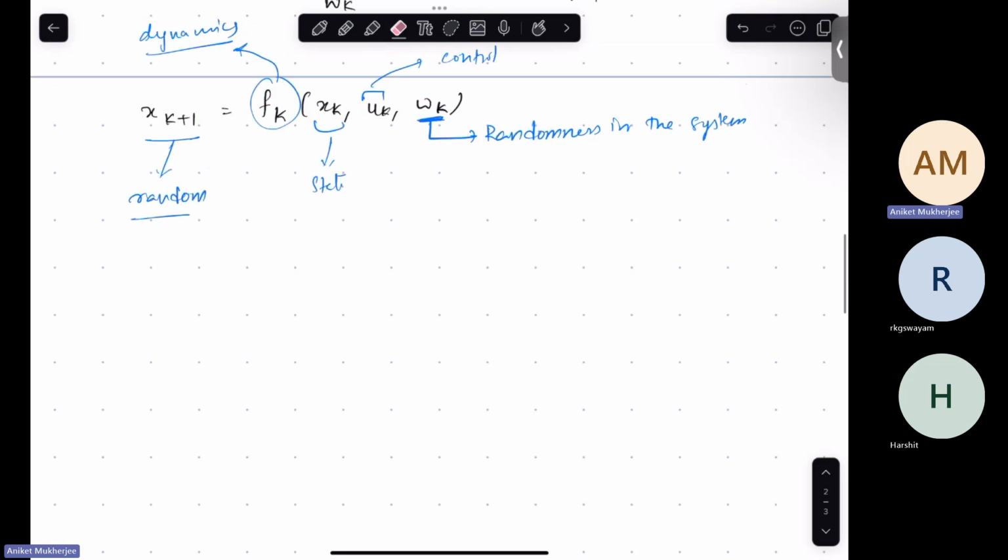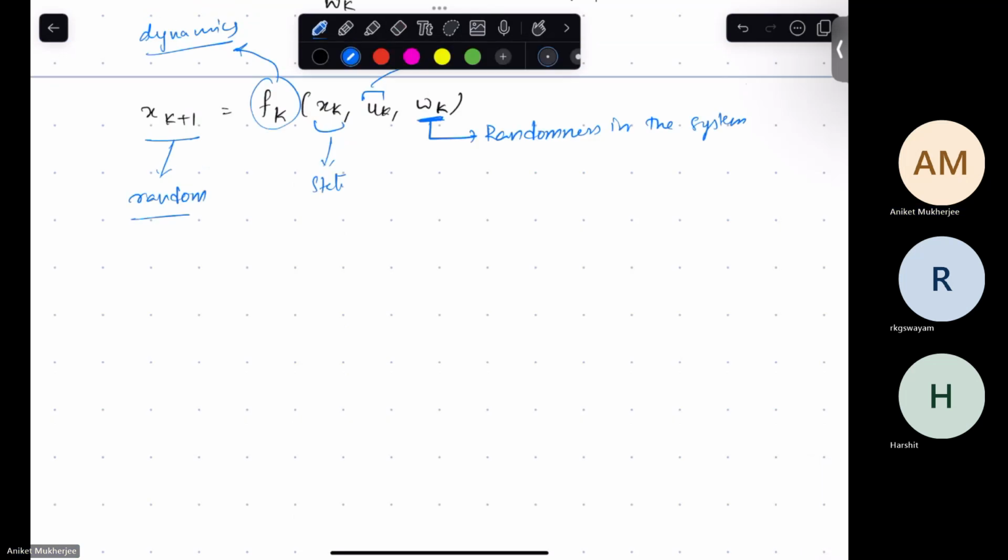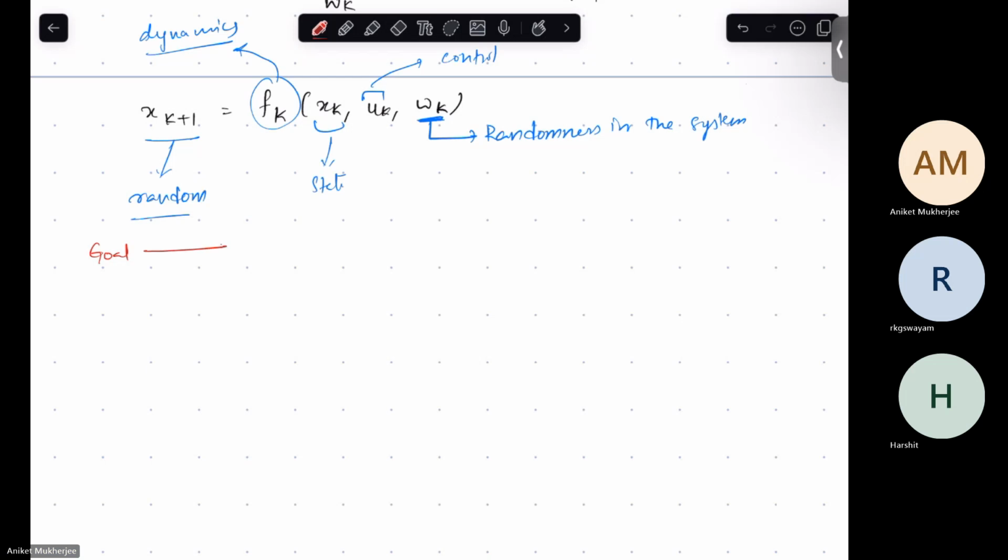So this is your dynamics, and then your goal is to basically minimize the total cost.